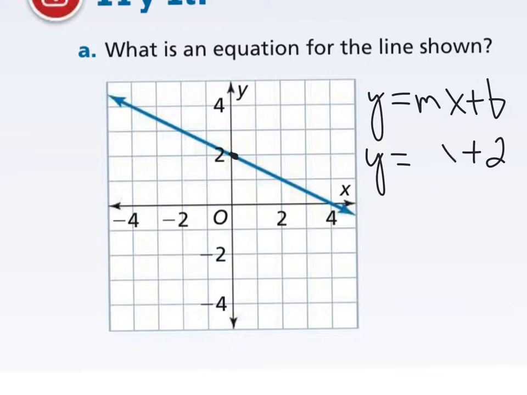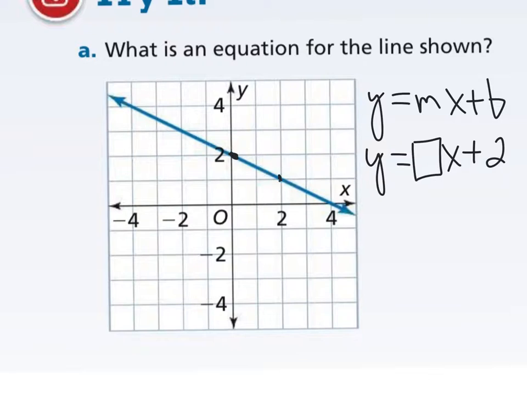And then the only other question is for us to figure out what our slope is. So to find that slope, I need to have 2 points. I already have 1 point, (0, 2), which was our y-intercept. We need to find another point that hits solid on our line here. I like to go to the next point that's just to the right of my y-intercept.